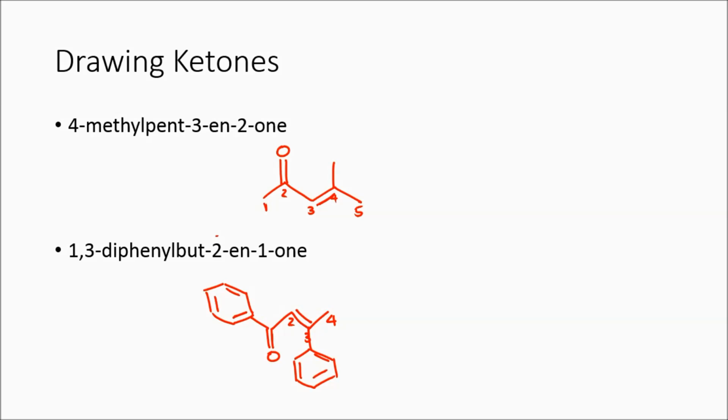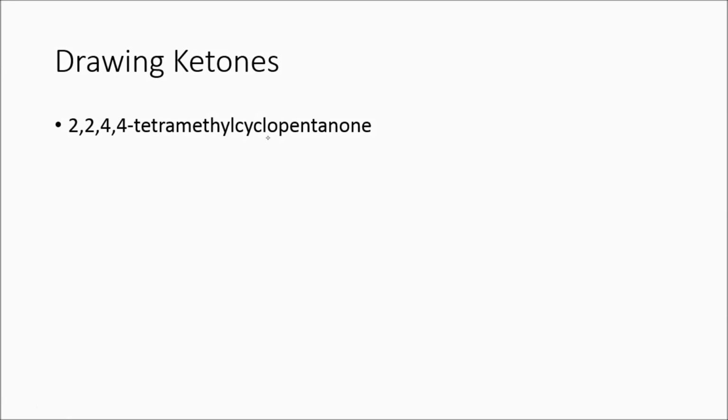Lastly, let's look at this. So I've got cyclopentanone. I'm going to start with a cyclo for 5 positions, with a carbonyl group here. And then I'm going to start with 1, 2. So this is my 1 position.